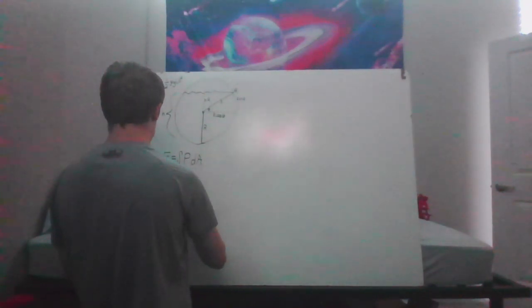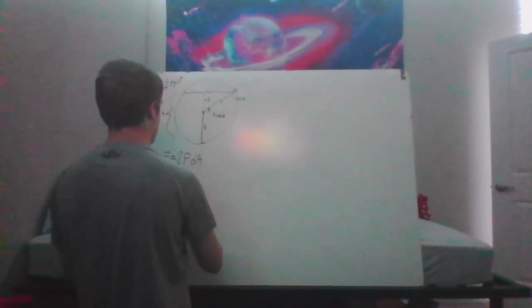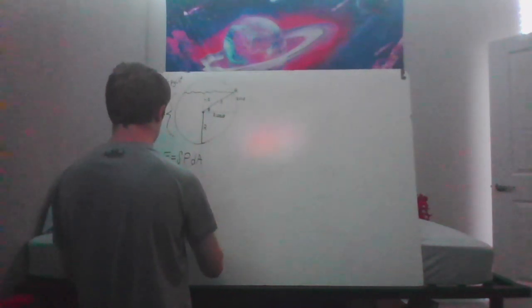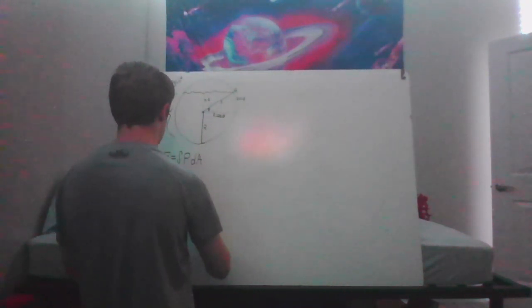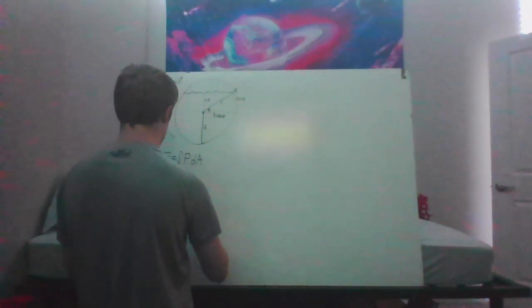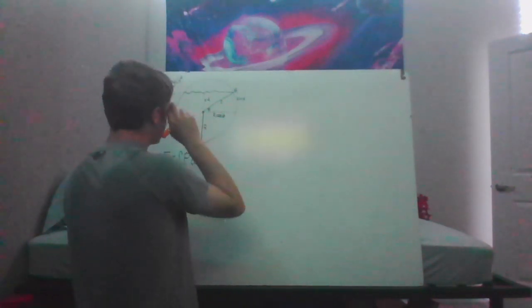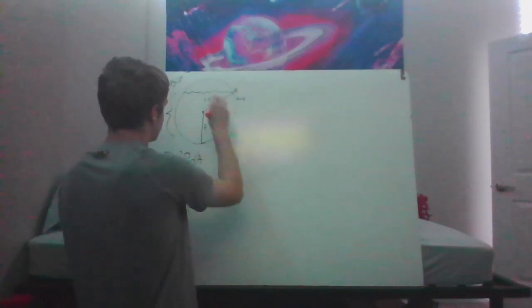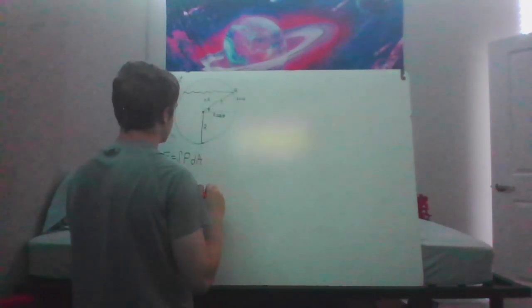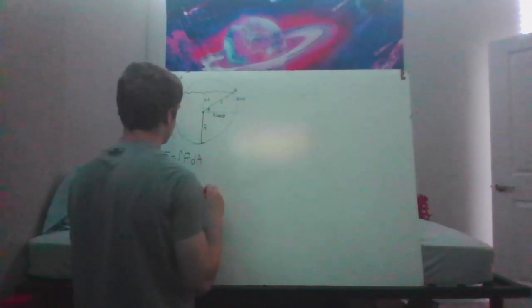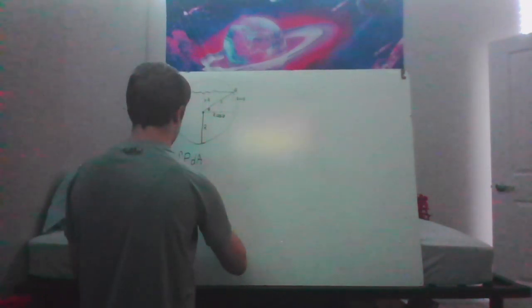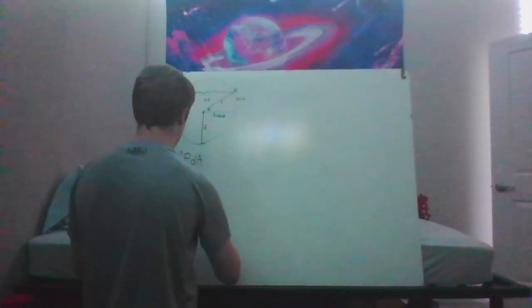We can say that theta 1 is equal to sine inverse of opposite over hypotenuse, sine inverse of h minus r over r.